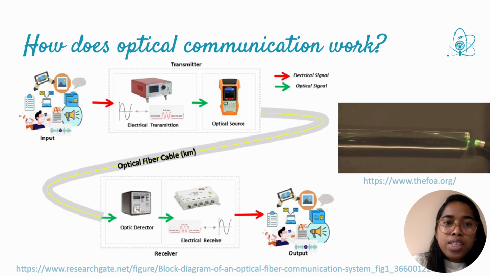Once the light reaches the final destination, it gets detected by a receiver instrument that will decode the information from the light and translate it back to its original format, like email or voice or images. So that is how we communicate these days.